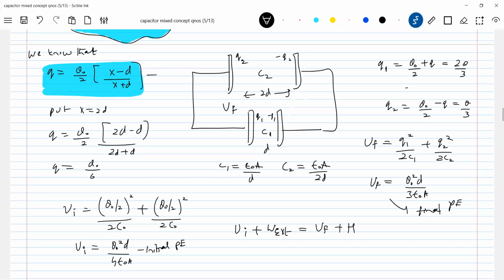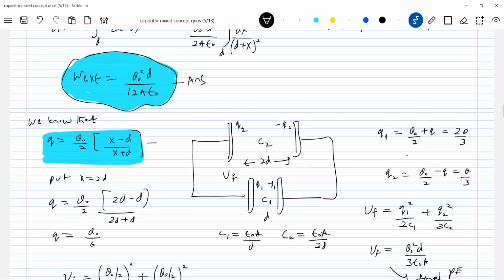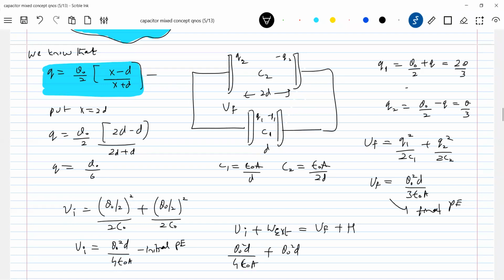So we know UI, we know work done by exchange agent. We'll check these conditions now. Let's see how much heat is generated. Q naught square D by, work done by exchange agent, it was equal to 12 will come, plus heat.